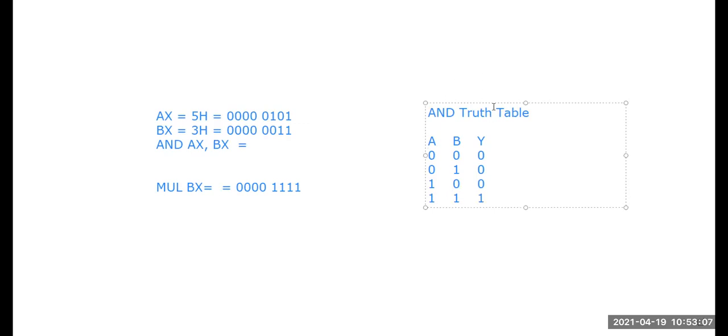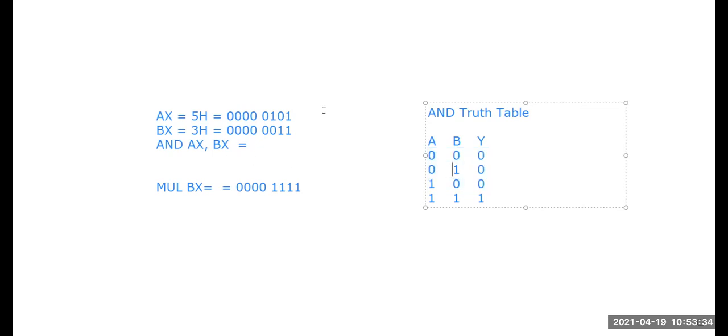So this is the truth table of the AND gate. We get output 1 only when both A and B are 1. If any of the inputs is 0, then we get 0.